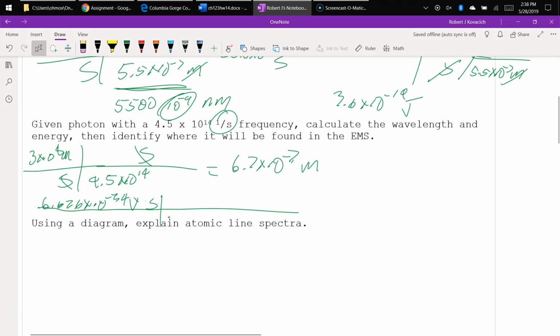This time we put the frequency up top, so it's 4.5 times 10 to the 14th divided by seconds. The seconds cancel. And so 6.626e negative 34 times 4.5e14. So I get 3 times 10 to the negative 19th joules.